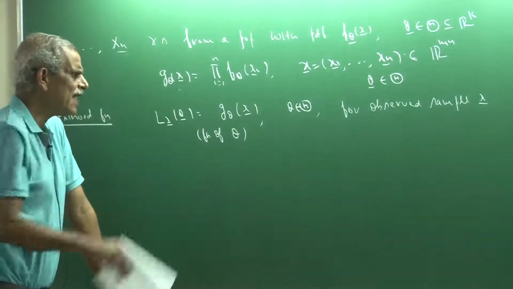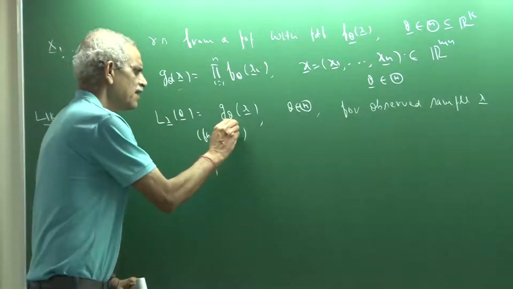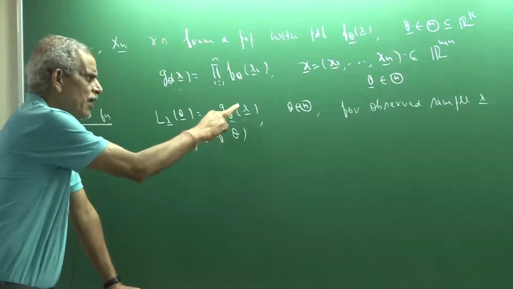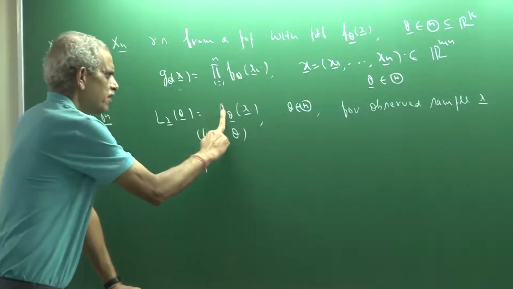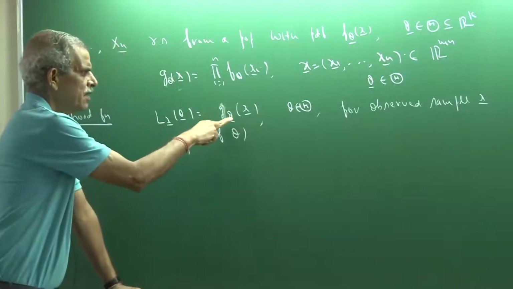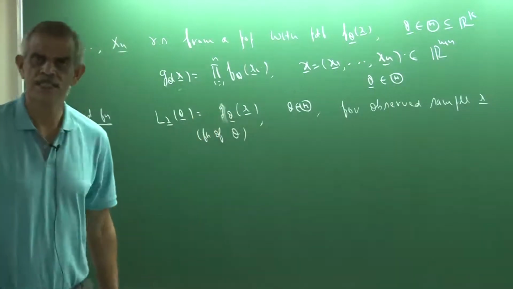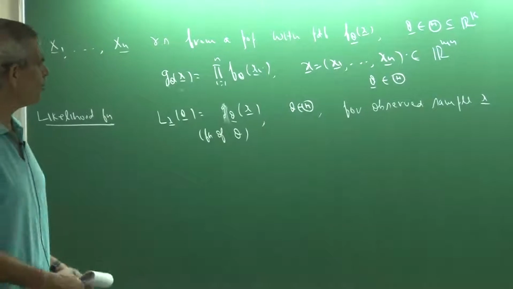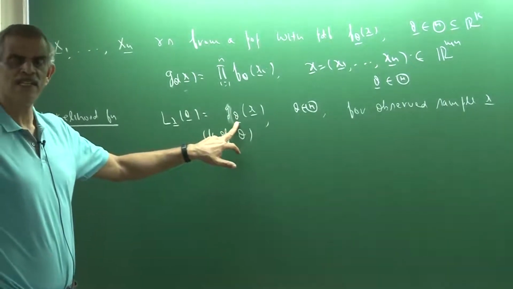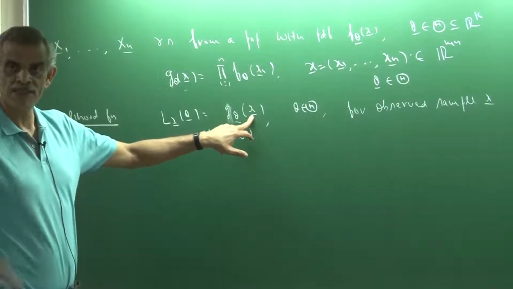Now note that g theta x in a certain sense denotes the likelihood or the probability that your sample x is coming from a population when the true state of nature is theta. So what you try to do is look at that theta which is most likely to have produced the given data which you have observed.